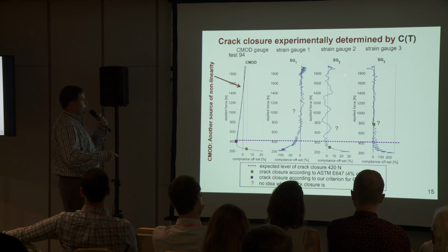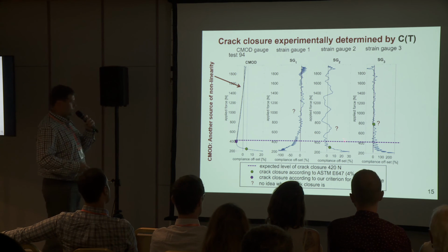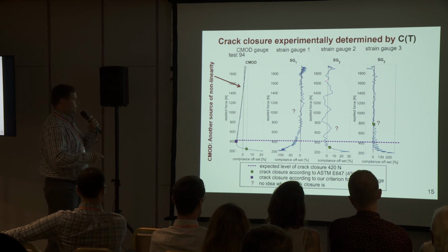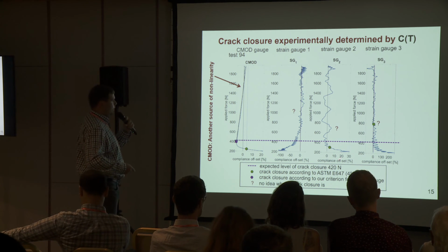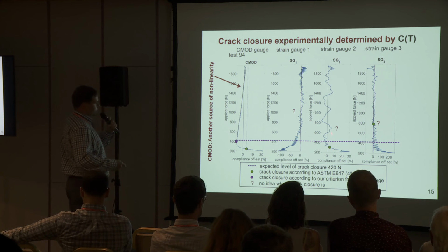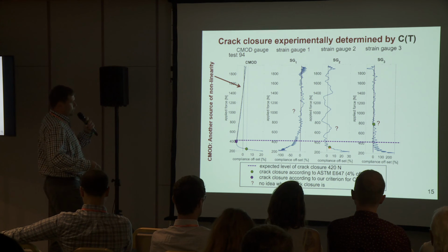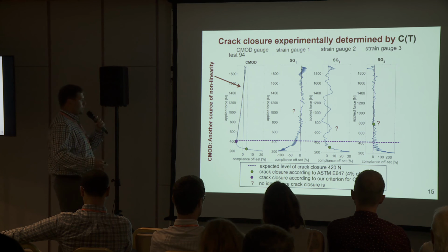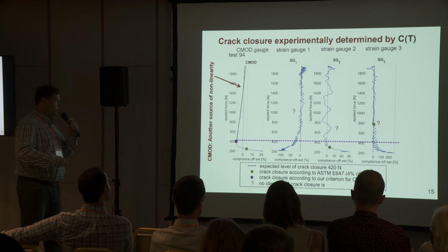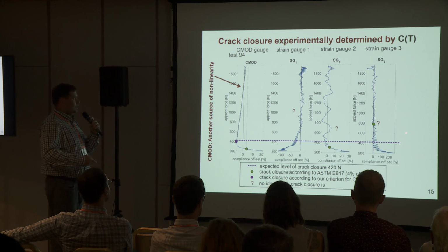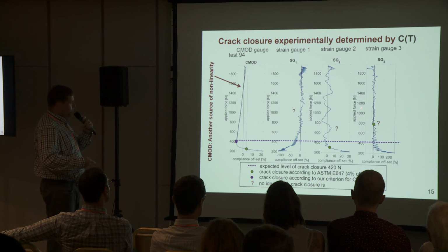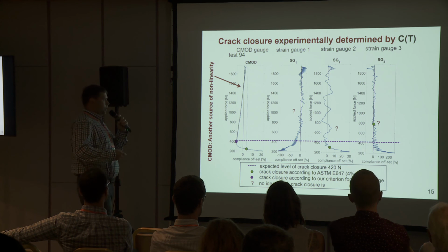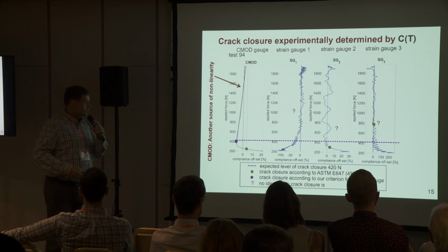If you look at the results of strain gauge 2 and strain gauge 3, again there is quite huge noise, and it seems that if we somehow smooth the data, the data according to ASTM underestimate crack closure for strain gauge 2, while for strain gauge 3 the crack closure is overestimated.